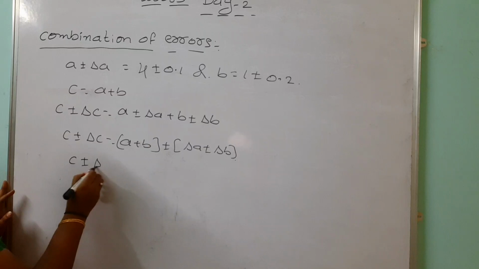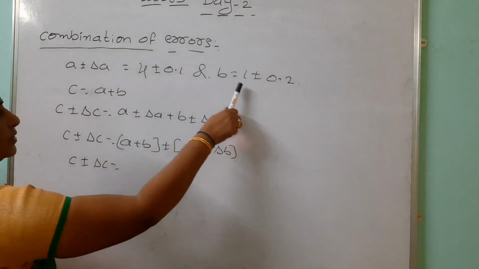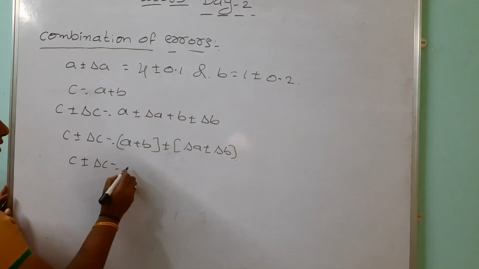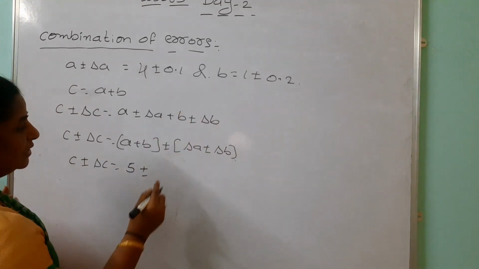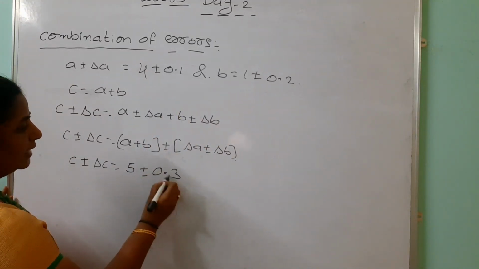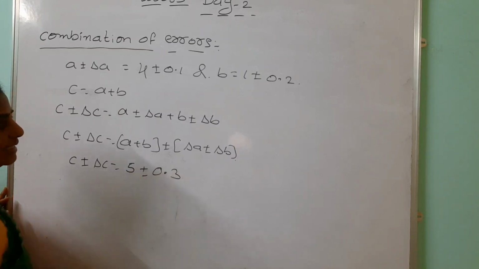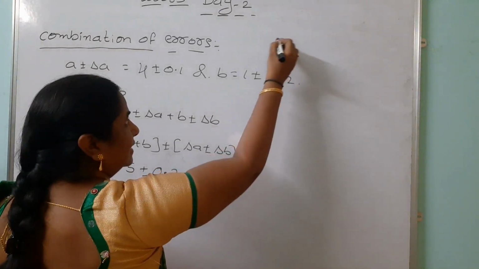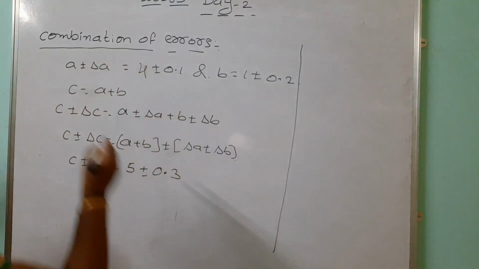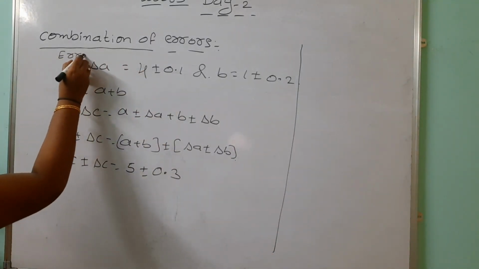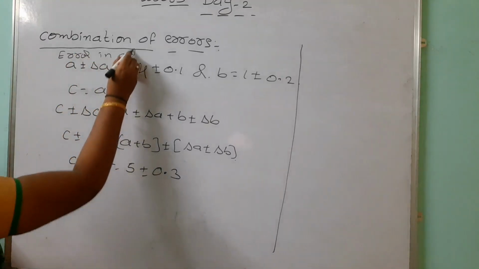C plus or minus delta C. As usual, we add the A and B values: 4 plus 1 is 5. And the maximum possible error is 0.1 plus 0.2, which is 0.3. So in addition, the error is 0.3.